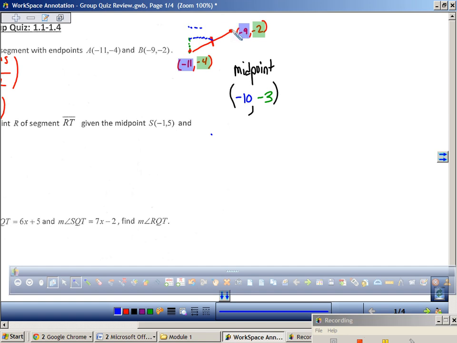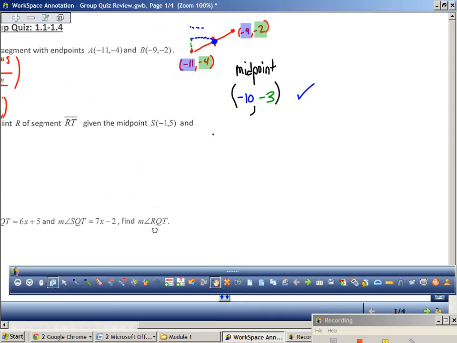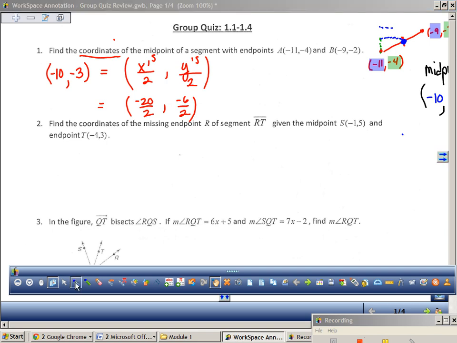Instead of going up 2 over 2, I would just go up 1 over 1, and that right there is my midpoint. That's seeing it conceptually, not using a formula. I'm big on conceptual, thinking about what it means. So if you showed me a picture like that and gave me -10, -3, that's correct.